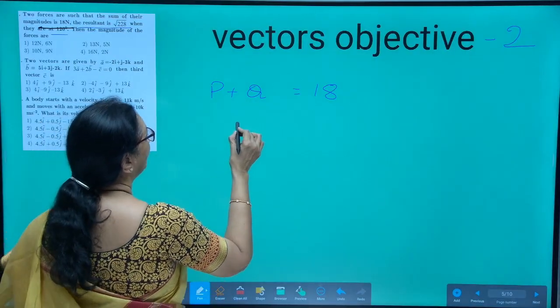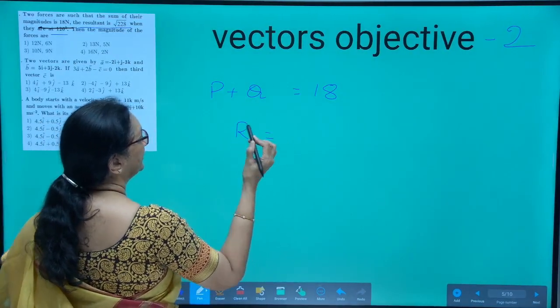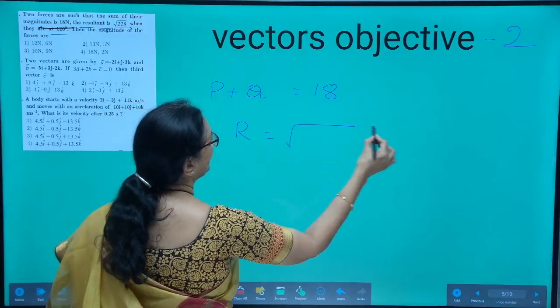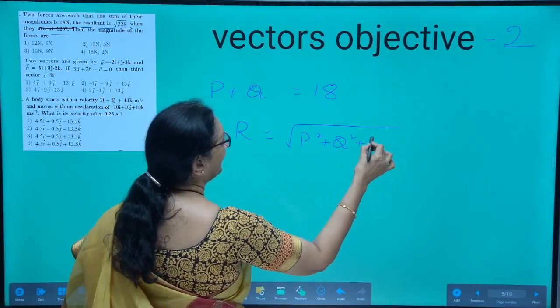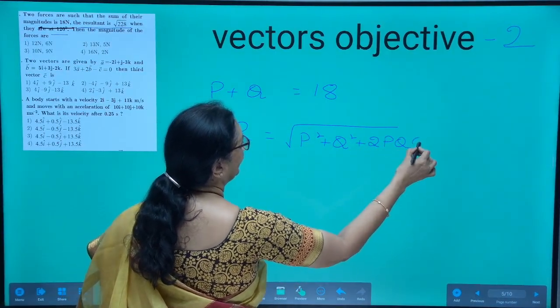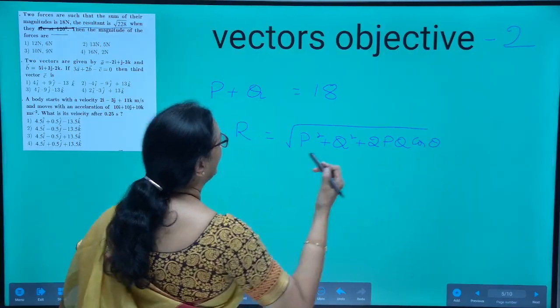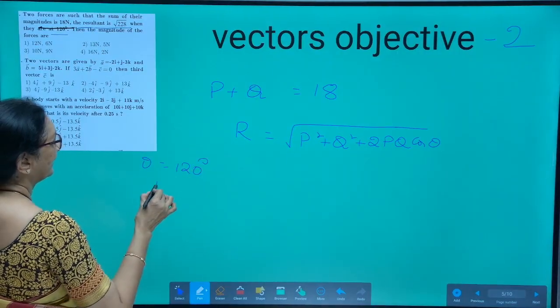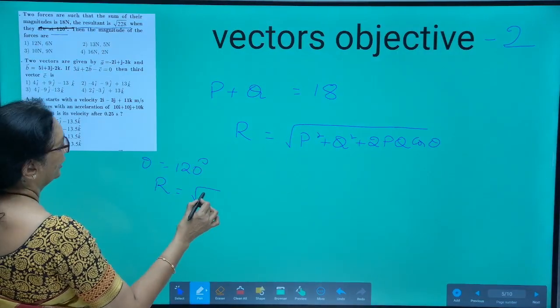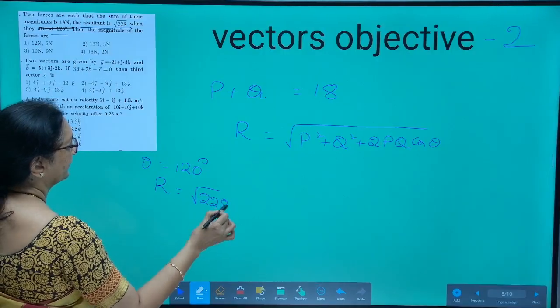We know the formula for the magnitude of the resultant of two vectors is root of p square plus q square plus 2pq cos theta. Here it is given that when theta is 120 degrees, the magnitude of the resultant is root 228.